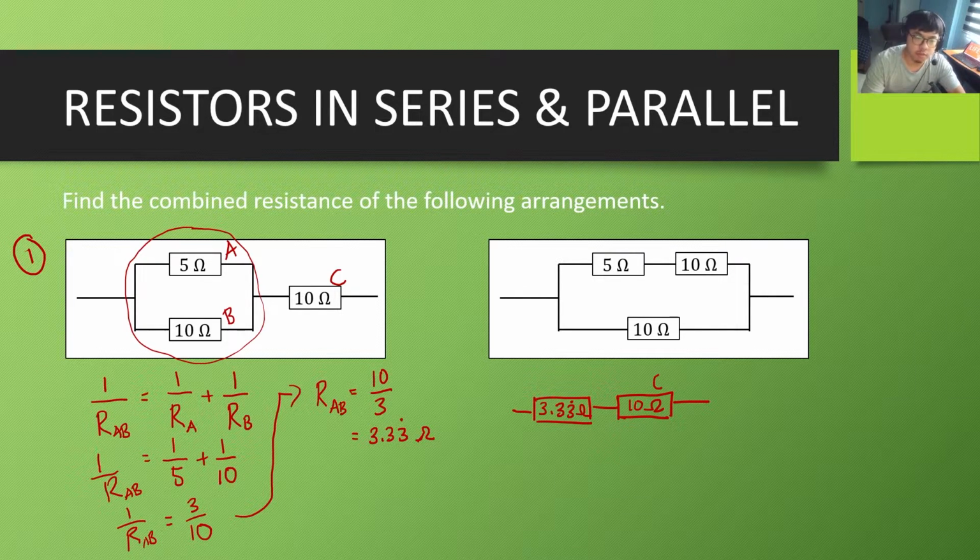Now if you imagine it like that, you can see that now you have a series circuit. So the next thing to do is you can add these two together.